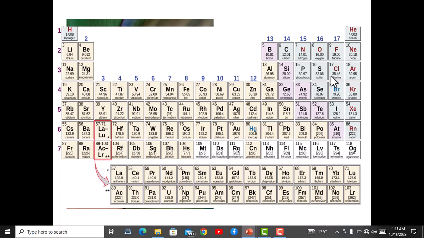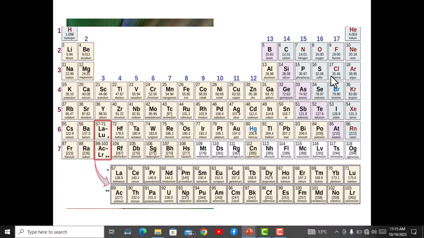It has a valency of 1. So I just wanted to check that for you. Okay, it is not mentioned in here, but we know that it has a valency of 1. Okay, that is fine. Let's continue in this.